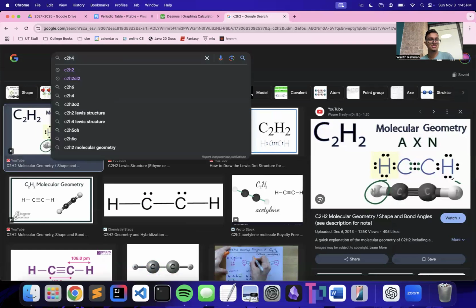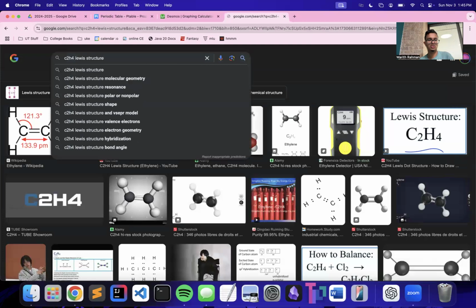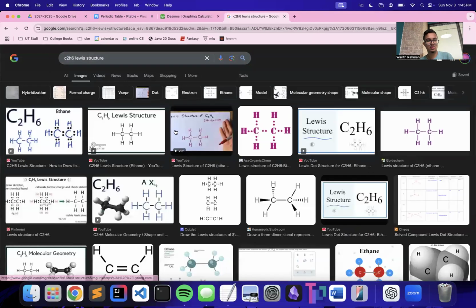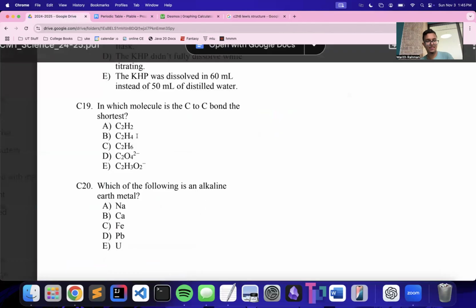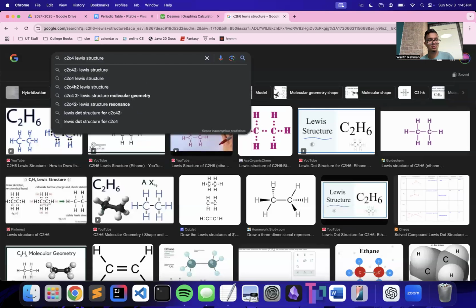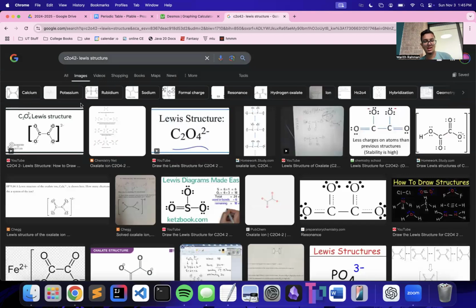If we look at the C2H4 Lewis structure, we get a double bond. And then C2H6 should be a single bond like that. C2O4 2 minus, so the oxalate ion, is also going to have a single bond, you can see here.